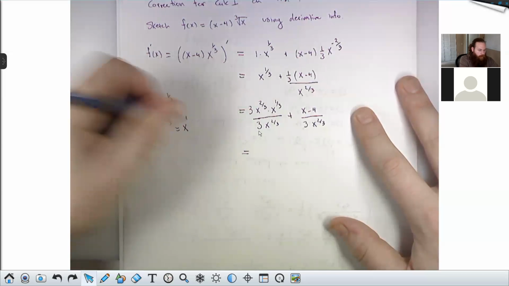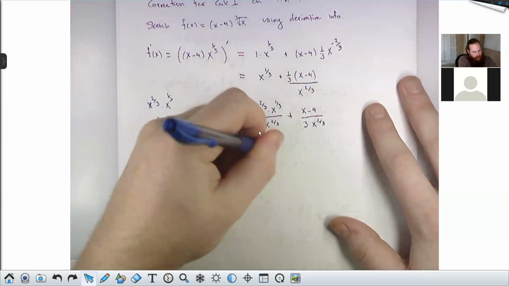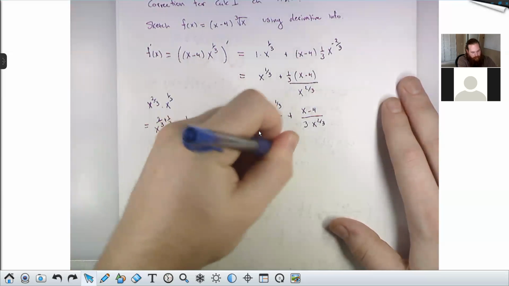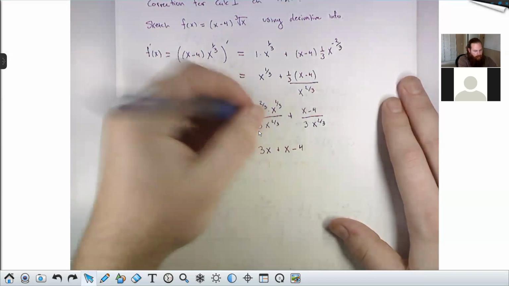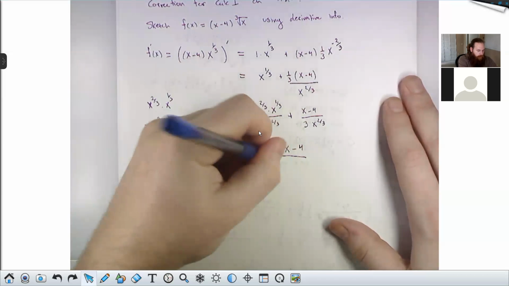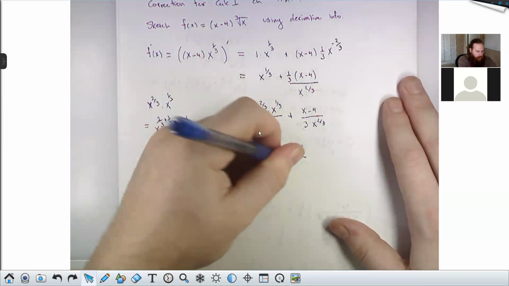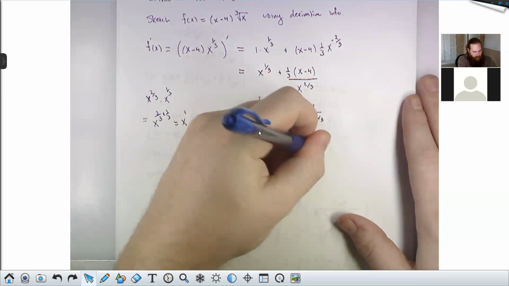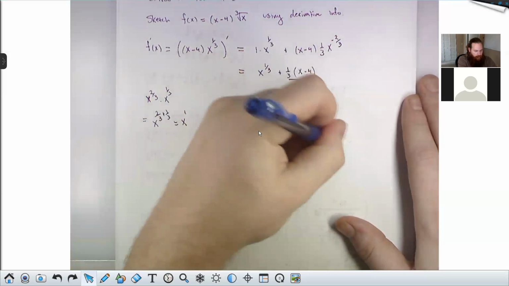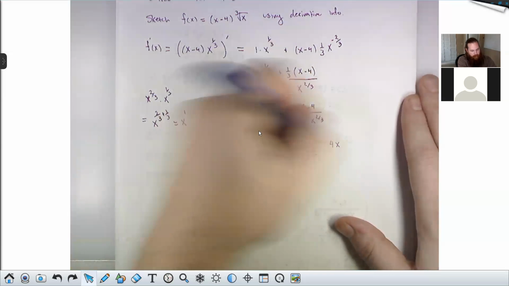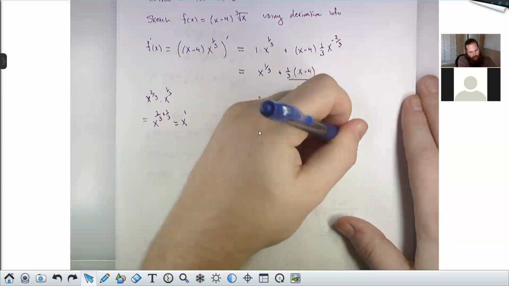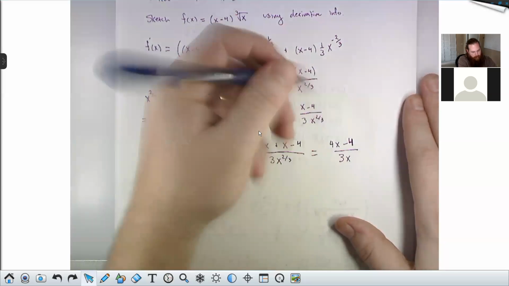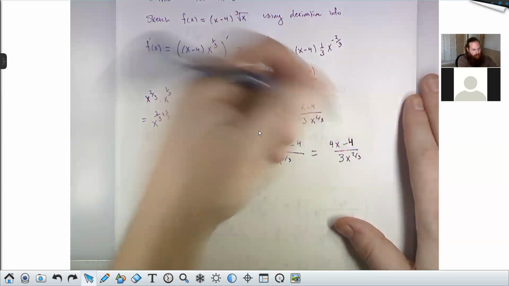And that's x to the 1. So this is 3x from here plus x minus 4 from here, all over 3x to the 2/3. So that's 3x plus x is 4x minus 4 over 3x to the 2/3.